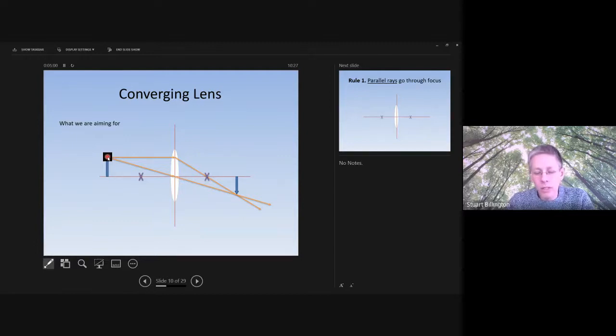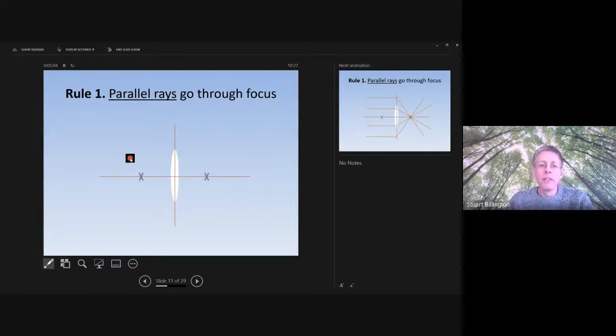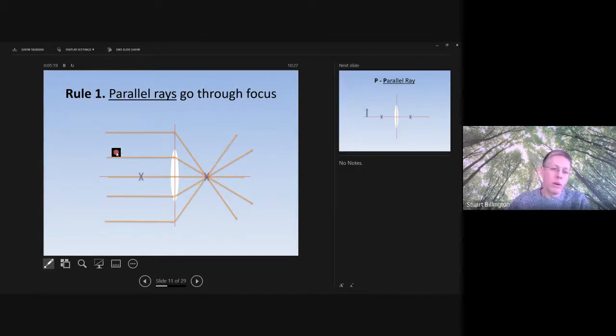Okay, so rule number one is about this ray of light. This ray of light is a parallel ray of light. It's parallel to the principal axis. It would travel in the same direction as if the object was a very, very long way away. So for objects that are a very long way from the lens, all of the rays of light that hit the lens are effectively parallel.